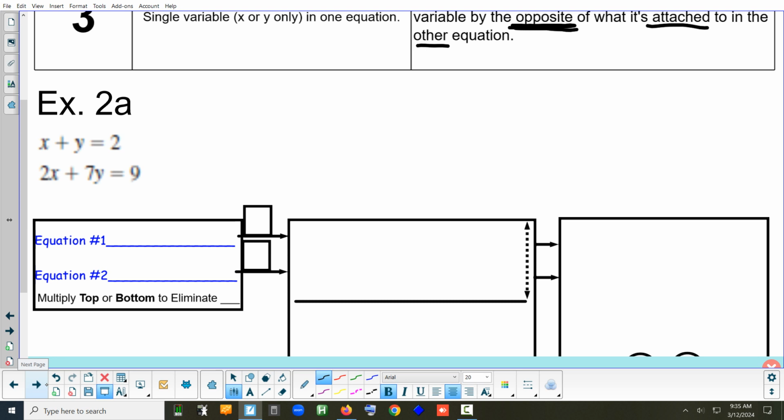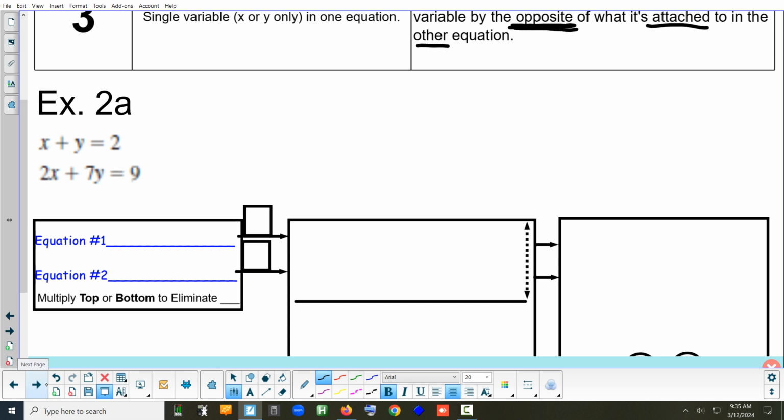So this goes back to something we did yesterday. We have to make sure that it's like the same number, letter, and sign. Well, we can check for that, but we don't have that. This is not a situation 1, so we don't have same letter, same number, opposite sign.